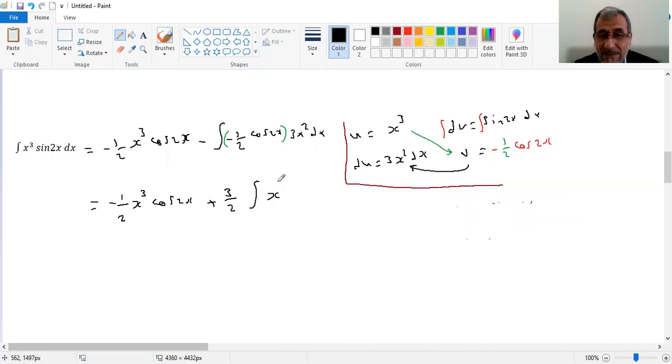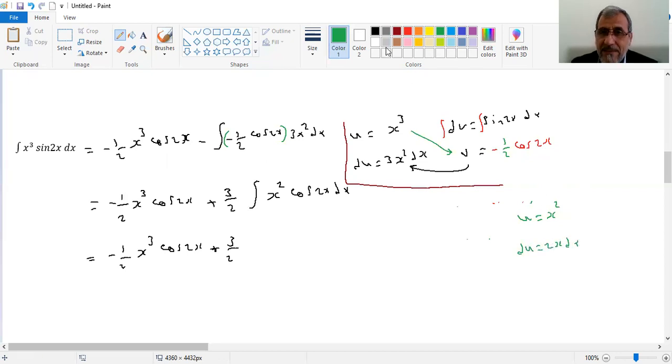The integral of x squared cosine 2x dx equals negative half x cubed cosine 2x plus 3 over 2 integral of x squared cos... Again, choose u equal to x squared, so the derivative is 2x dx.